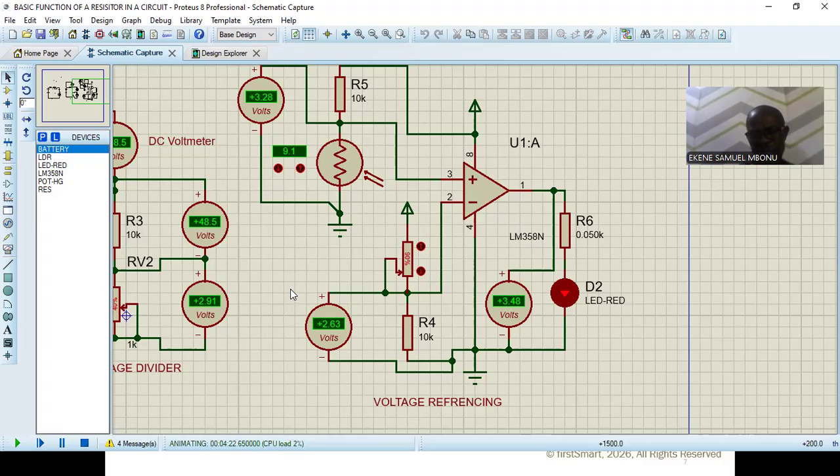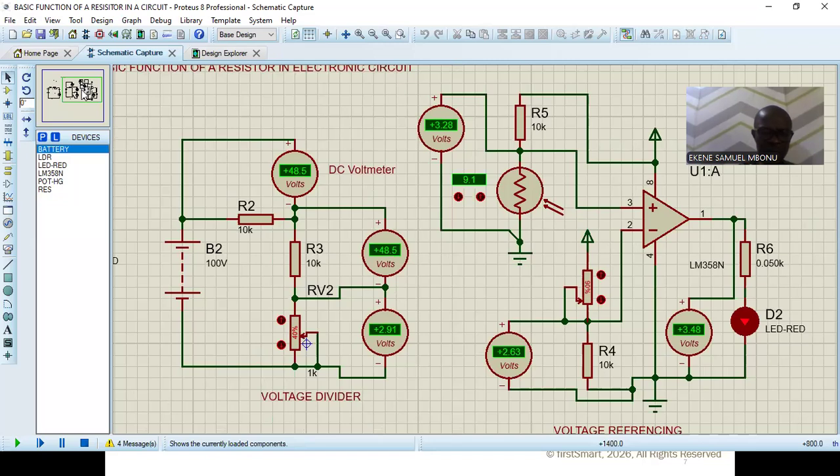You can't connect it without connecting the power supply. But when it comes to a resistor, you just power the circuit and everything is working. For active components, after connecting the circuit, you have to power the component itself. Otherwise, it's not going to respond.